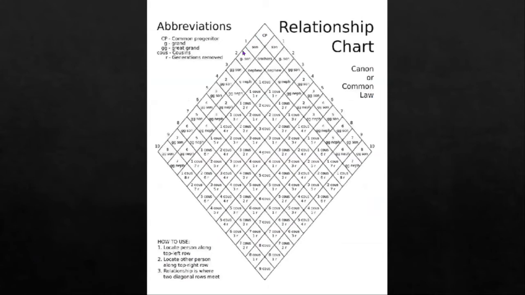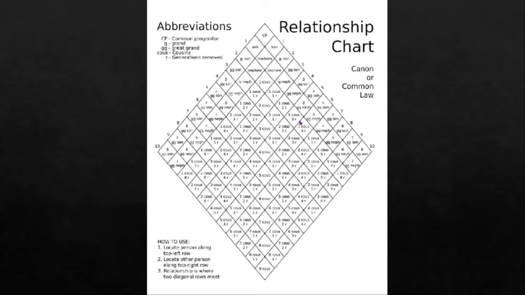And so you would identify one of the people on this side. You would find the other person on the other side, and then you would come down at a diagonal. So if one person is here and the other person is in number 2 on the other side, first cousin 4 times removed.